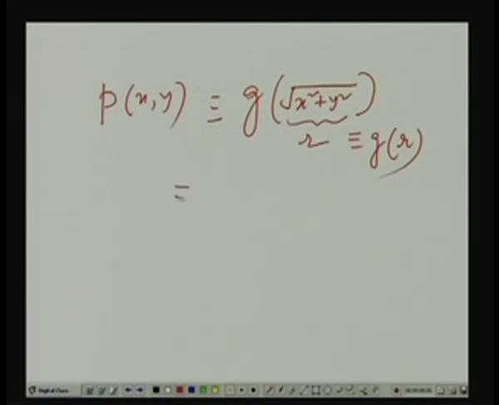But we are given this fact that x and y are statistically independent. So, g(r) is also the product of these two. Again, I am putting the subscripts x and y just to differentiate between the probability density for x and the probability density for y, because I am using the same symbol p for both.